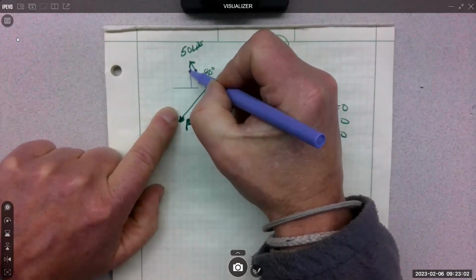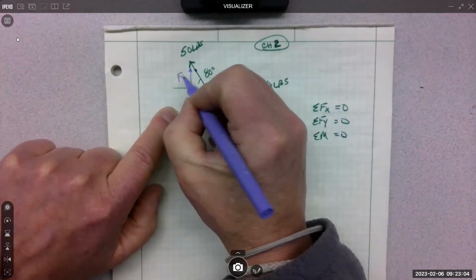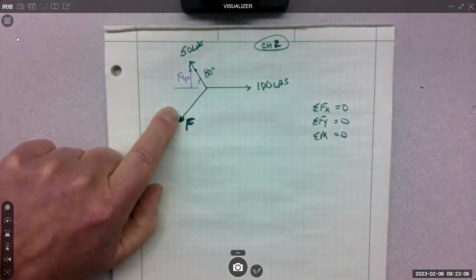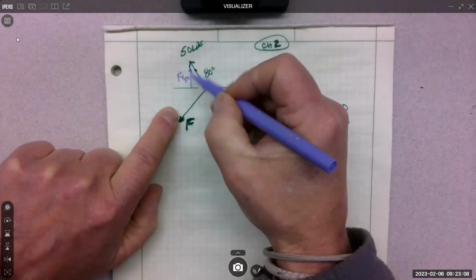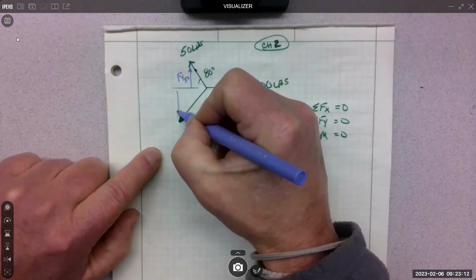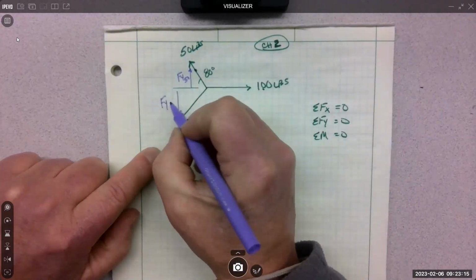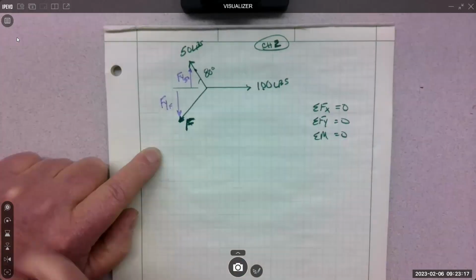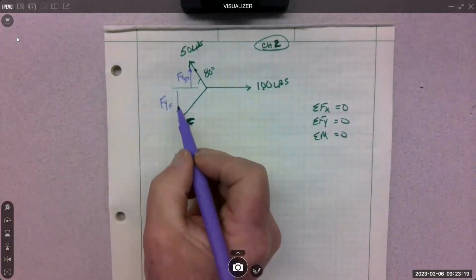This is Fy of the 50, right? This is the Y effect of that. This has Y effect, Fy of the F. How much does this have to be equal to?